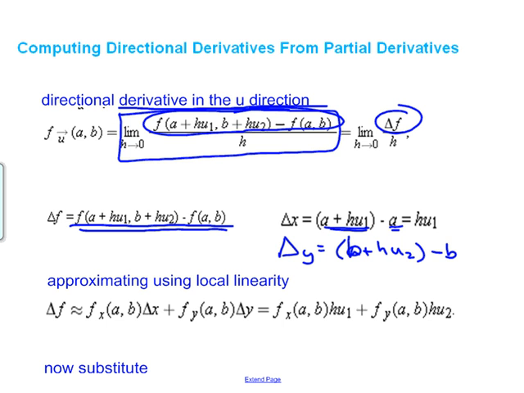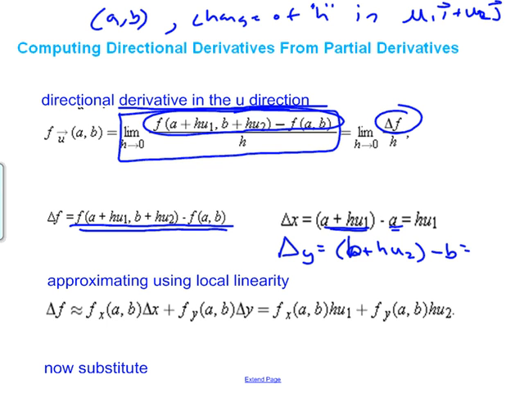Because remember, we have the point a, b, and we're having some change of h in the direction of u1 i plus u2 j. So my change in y is just hu2.